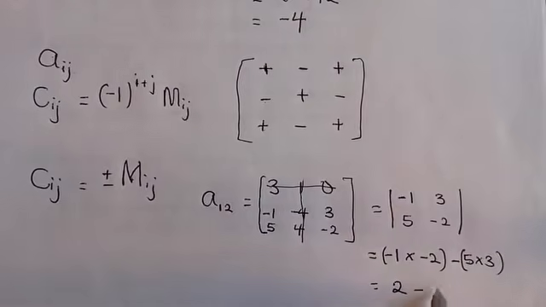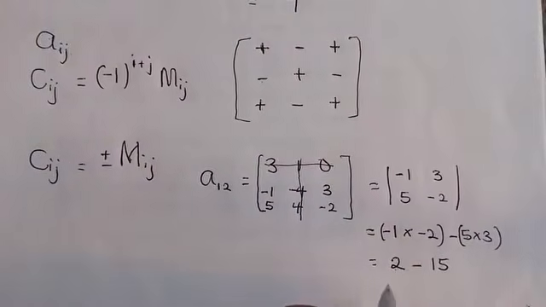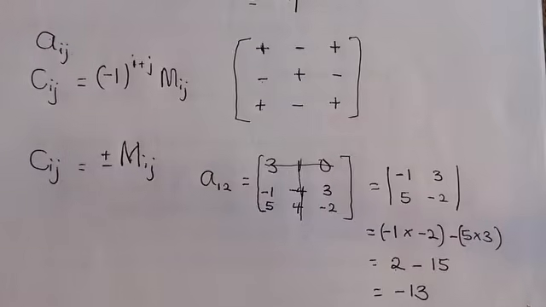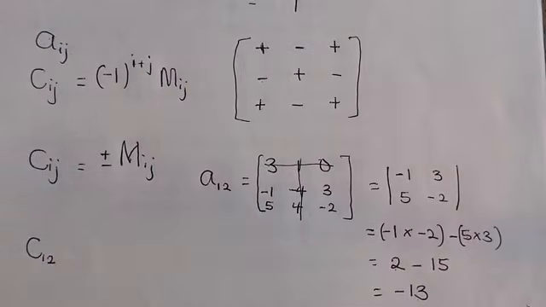Minus 5 times 3, we have 15. So that 2 minus 15, we have minus 13. When we look at the position of 1, 2, right? So we are going to have C12 now, because we have found the minor of that matrix to be minus 13.